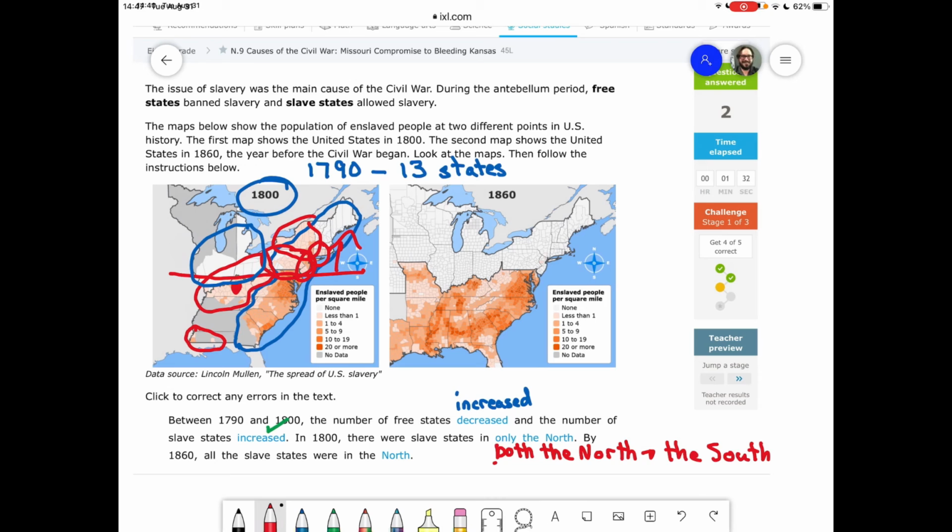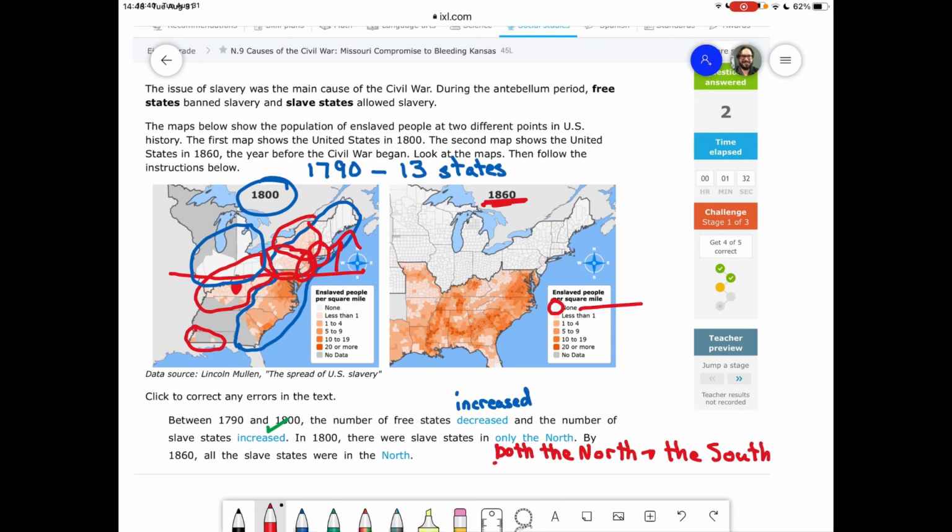By 1860, all the slave states were in the North. Well, if you notice in our map key for 1860, if the color is white, that means there are no slaves in those areas.